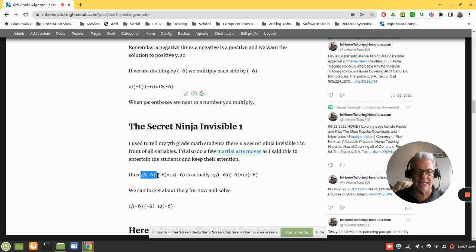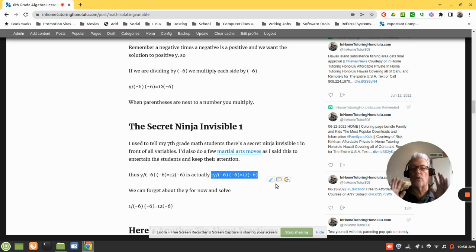So that means we've got 1 times y, or 1y, divided by negative 6 times negative 6 equals 12 times negative 6.